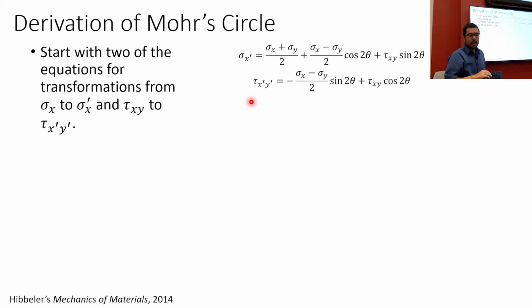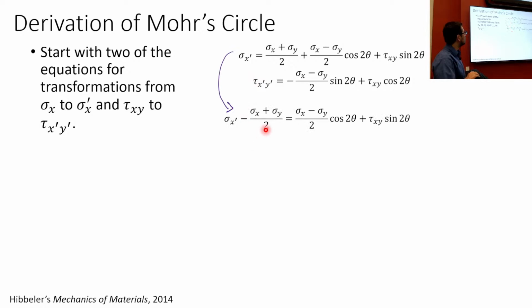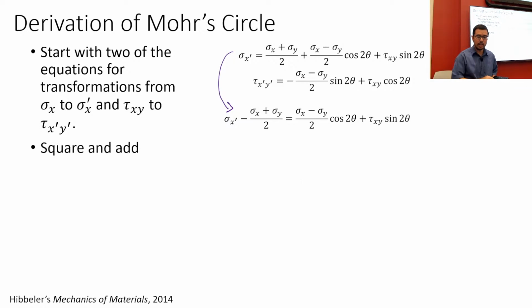What we're going to do is rearrange sigma x prime as follows. Nothing crazy at this point. What you see here is that this side has been moved over here, and the right side now just has everything that you see over here. Nothing crazy.